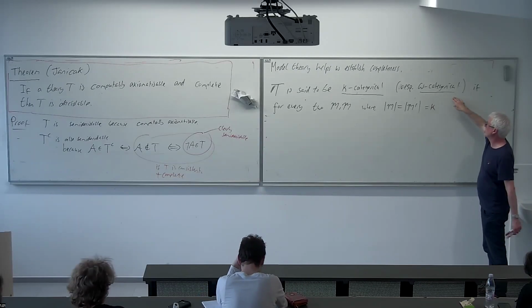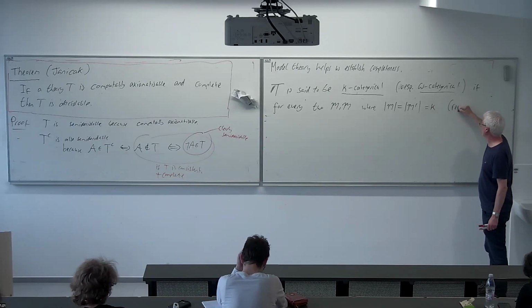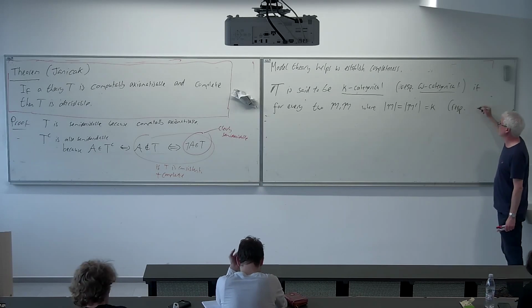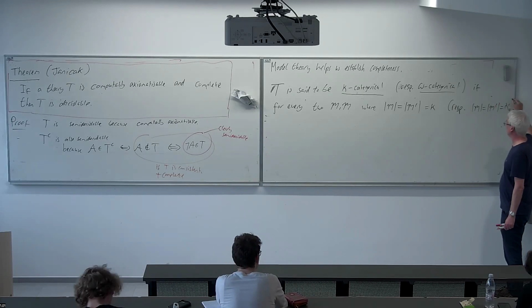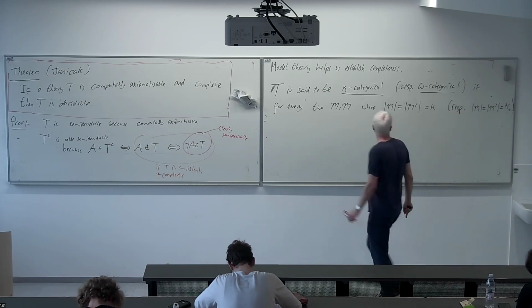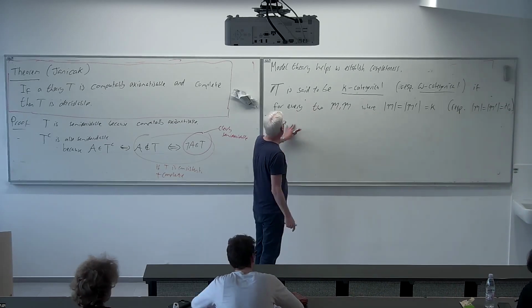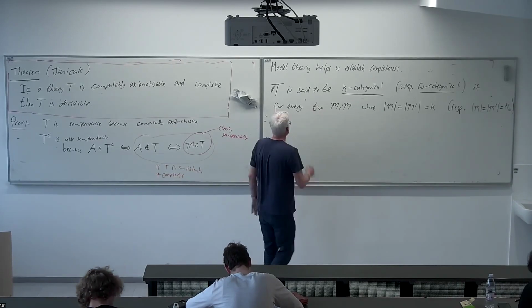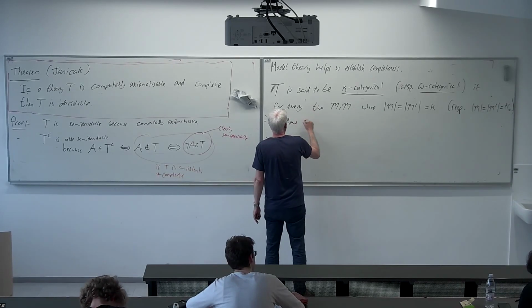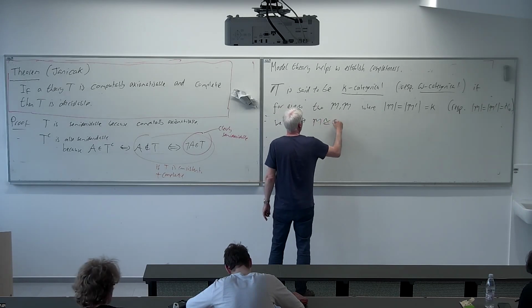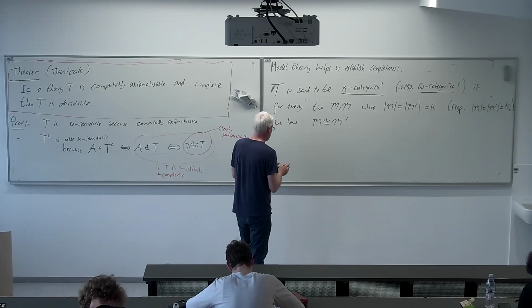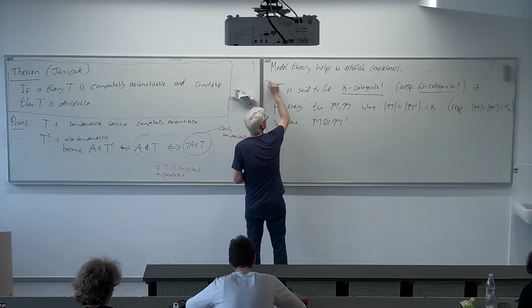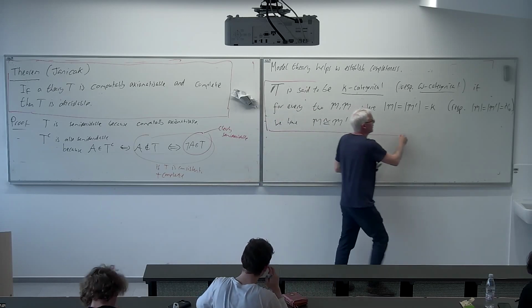I'm saying respectively because I need to make the respective condition here: that these have the same cardinality, and this is aleph 0, so it's countably infinite. For every two M where this holds, we have that M is isomorphic to M prime. Okay. So it's an important definition.